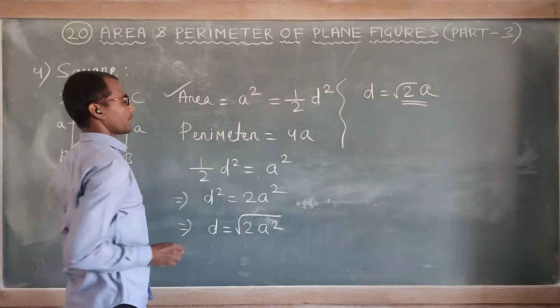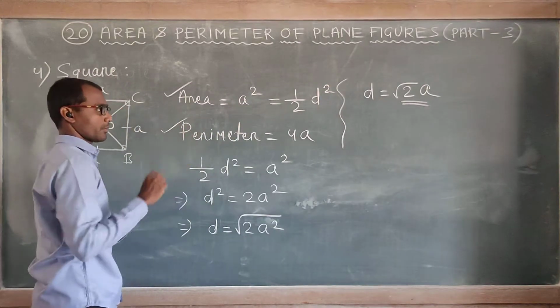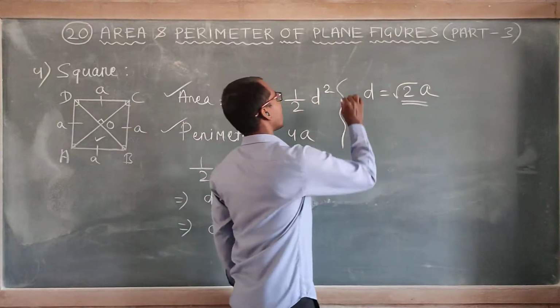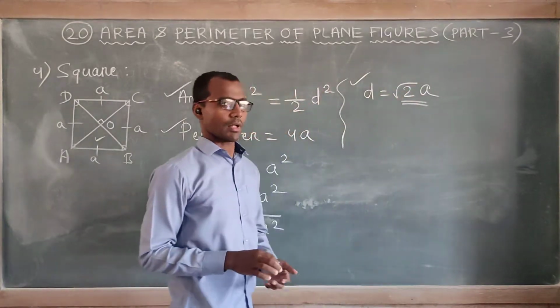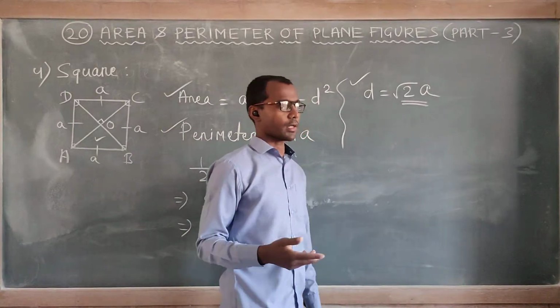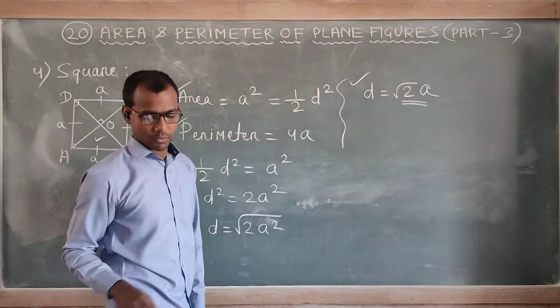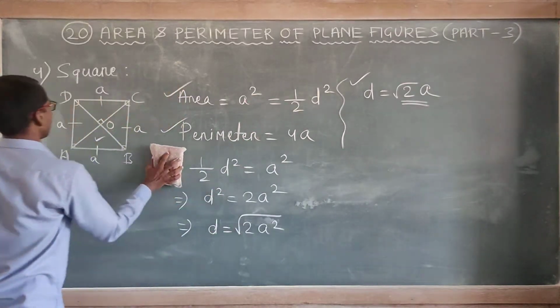So this is the formula for area, a square or half d square. This is the formula for perimeter, and this is the relation between diagonal and side of a square, d is equal to root 2 a. If you forget this, no problem. I also forget this one, but I get it from the area formula. So this is for square.